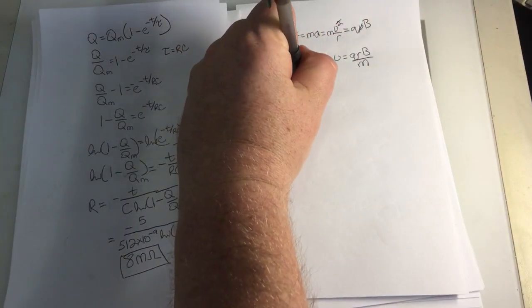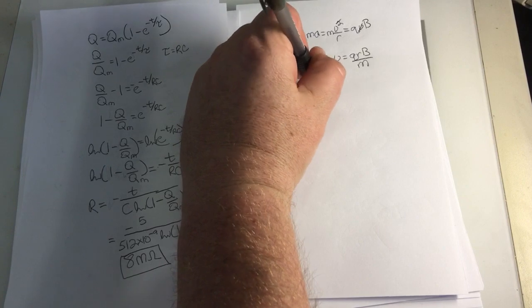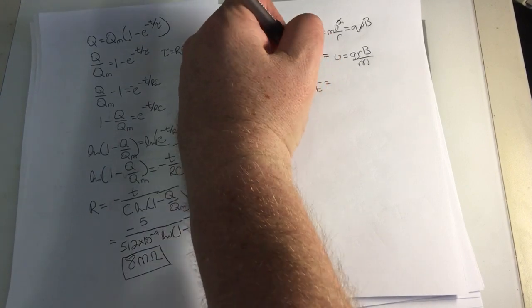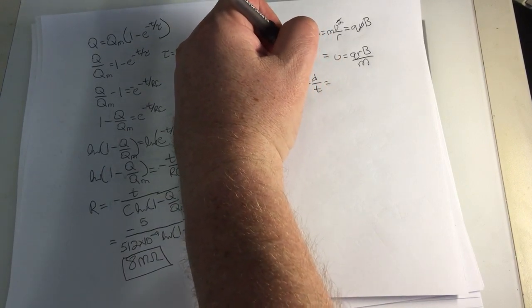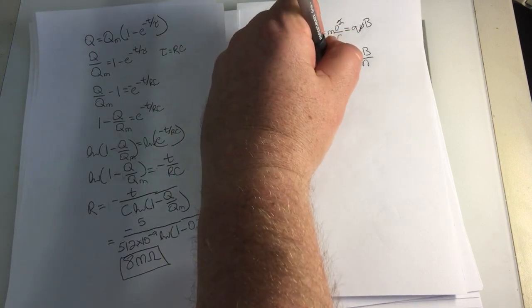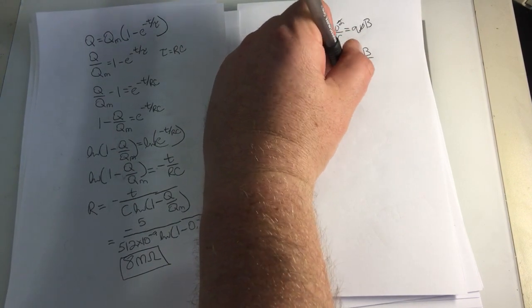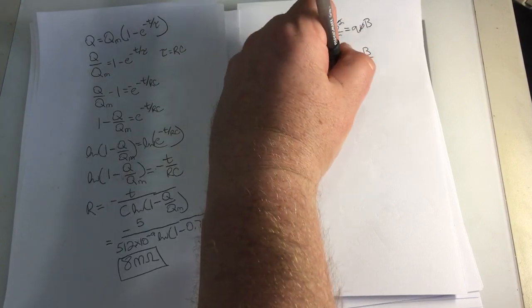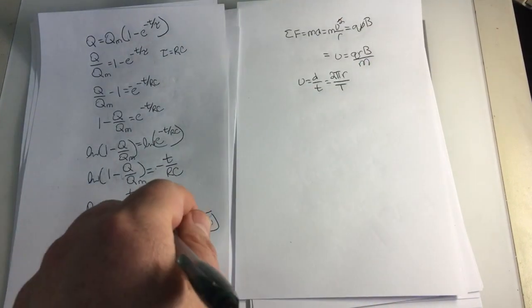The velocity is distance over time. What we're talking about is the distance is one circumference, or 2 pi r. The period is the time.